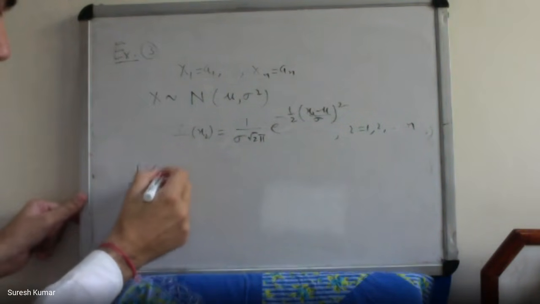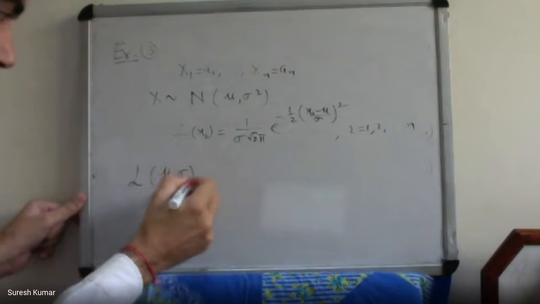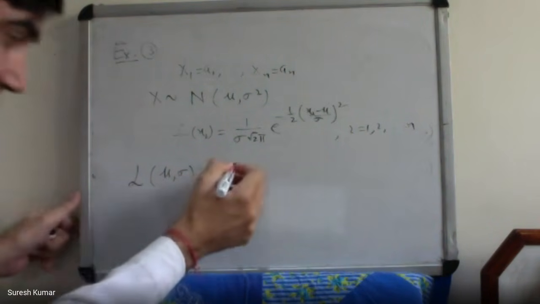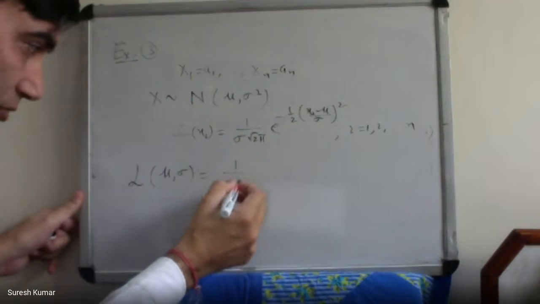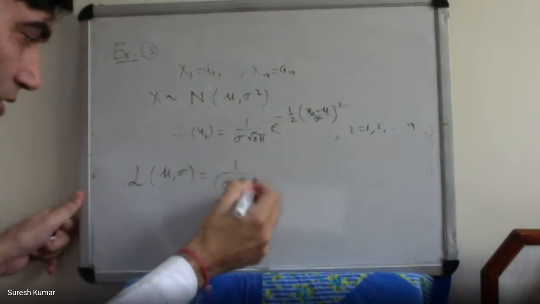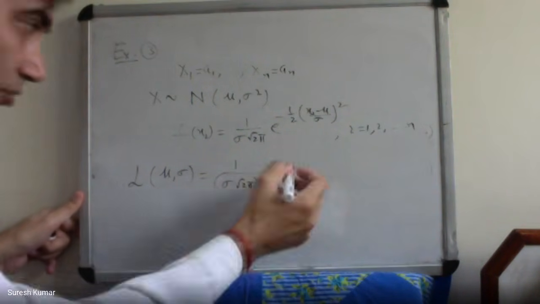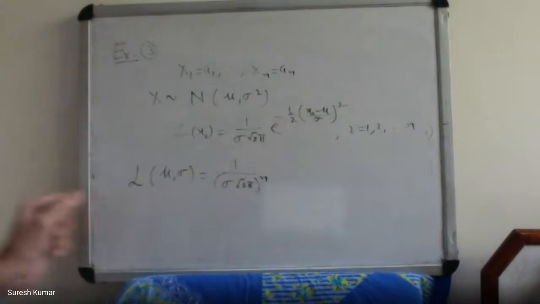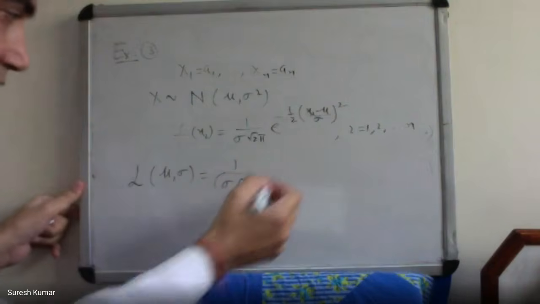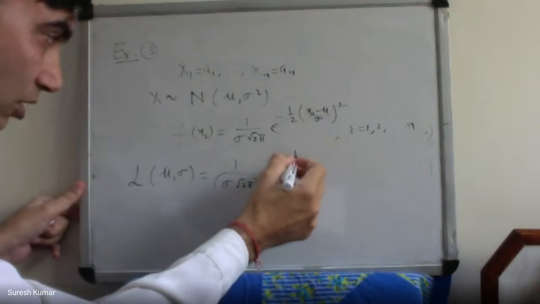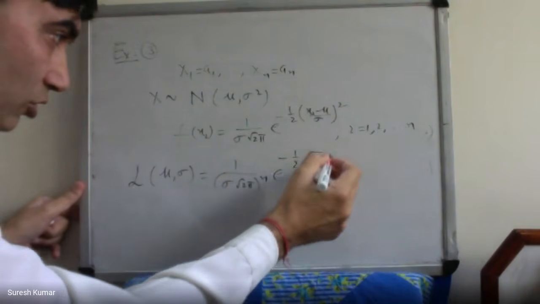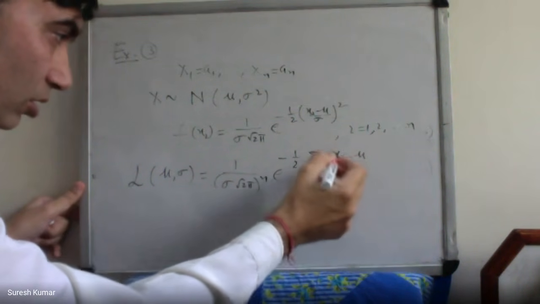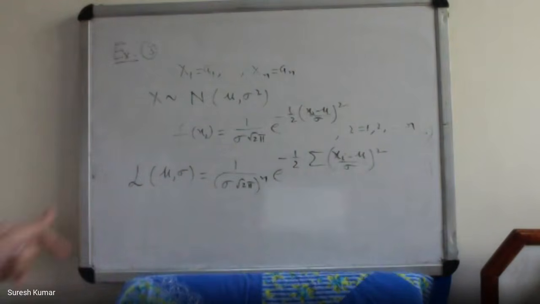So you get your likelihood function. If you multiply all these, what do you get after multiplication? 1 over sigma root 2 pi power n, and e power each time added. So what do you get? e power minus half summation ((xi minus mu) over sigma) whole square.